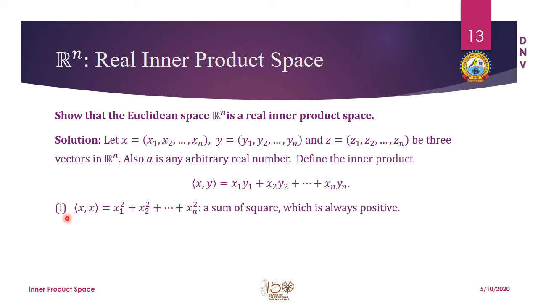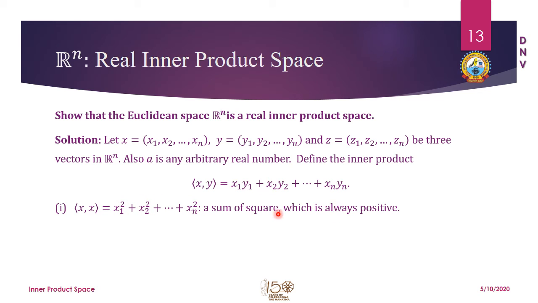The first property we want to prove is that the inner product defined by this equation is positive definite. If I write the inner product x comma x, then it is the sum of squares of these numbers, and we know that the sum of squares is always positive.